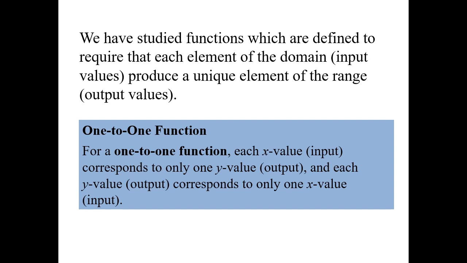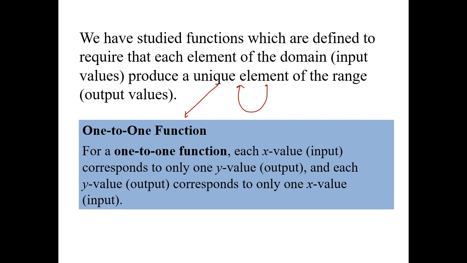One of the first things we need to talk about, though, is what we call a one-to-one function relationship. Recall that to define whether or not we have a function, every corresponding x value of an equation or a relationship can only correspond with one y value.